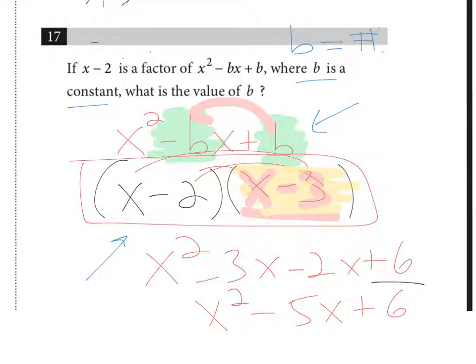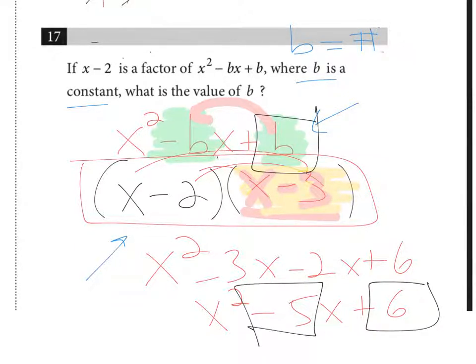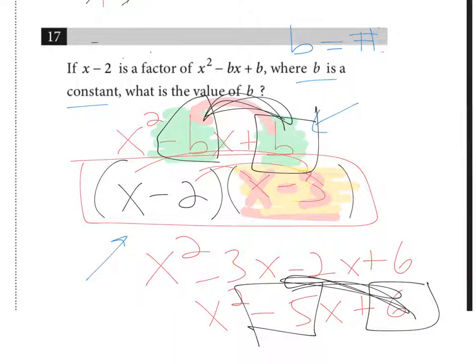Here I have a 6, but here I have a negative 5. So I have different numbers occurring in those spots. I need to try to determine what this other factor is so that if I would FOIL it with the x minus 2, I would get the same number appearing. Granted, one positive and one negative, but the same number appearing.